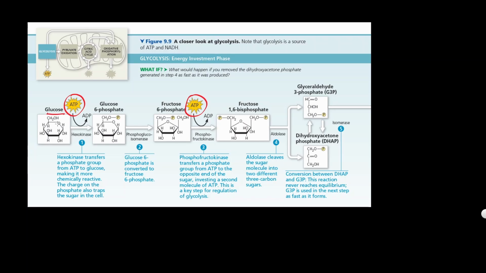Students who are in AP Bio, you don't really have to memorize all these formulas and all the intermediates. And people taking bio honors, you don't have to know it either. Just know that 2 ATP molecules are needed to initiate glycolysis.